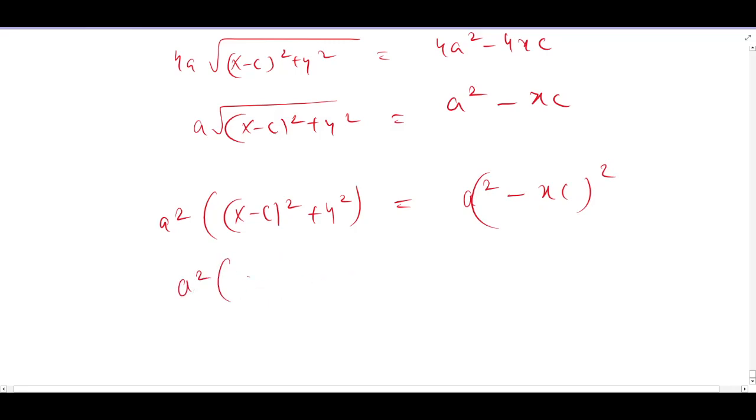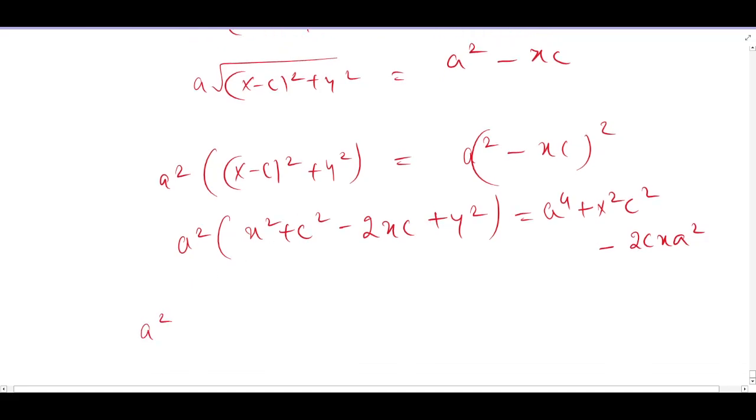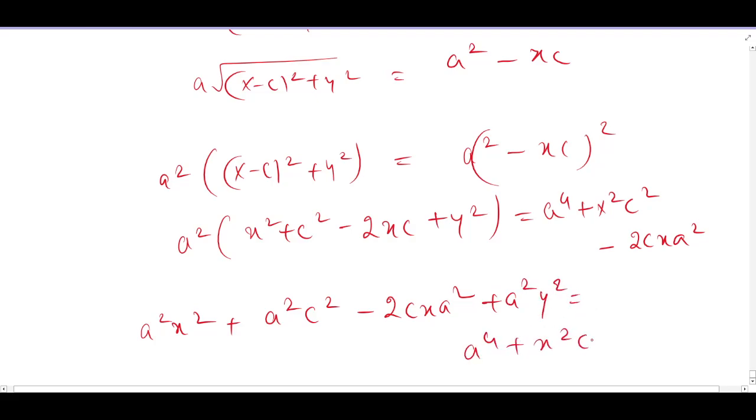We get a square x square plus a square c square minus 2cx a square plus a square y square is equal to a4 plus x square c square minus 2cx a square.